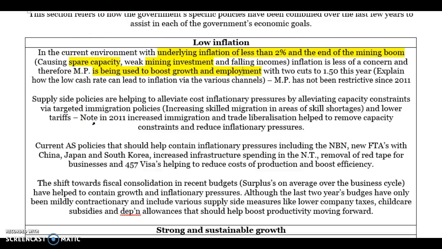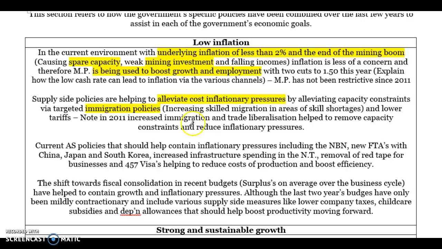Then we've got to talk about how budgetary and supply side policies can be used to help to lower inflation. In terms of supply side policies, that's all about pushing out aggregate supply and alleviating cost pressures. So within that, you can talk about immigration policy. You can talk about how increased skilled migration in areas of skill shortages is helping to lower prices and make there more competition for jobs.